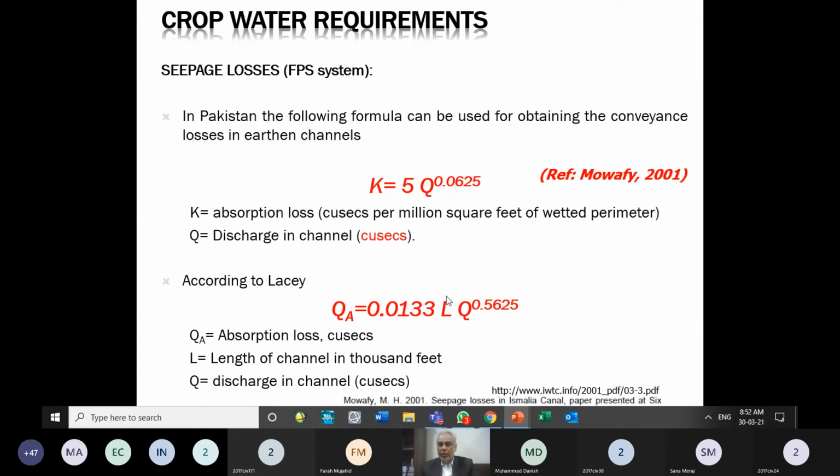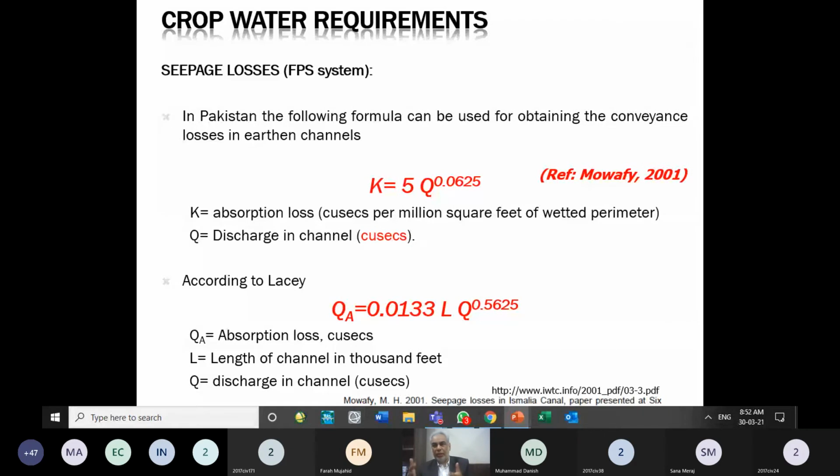This is a totally empirical formula, developed by Lacey, working in this area. After observation from head to tail, so much water was released at the head, so much water reaches the end of the canal, and if there is no offtake from the canal, then the difference will be the losses.